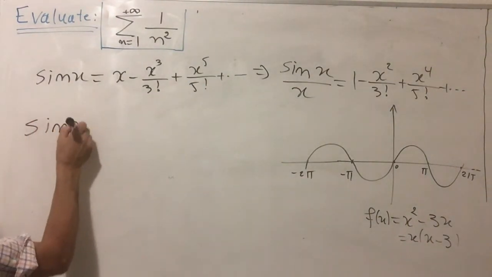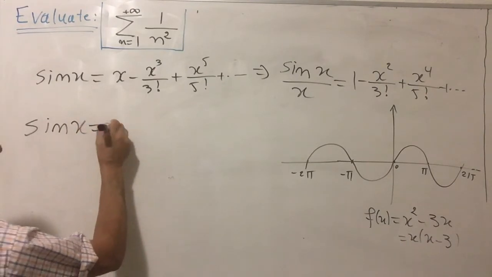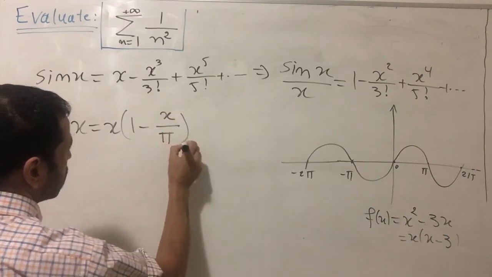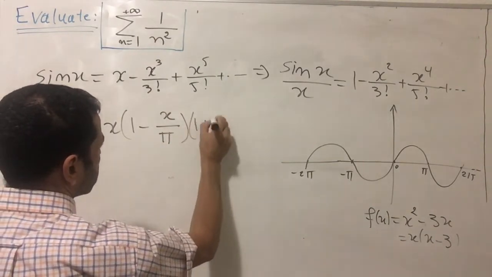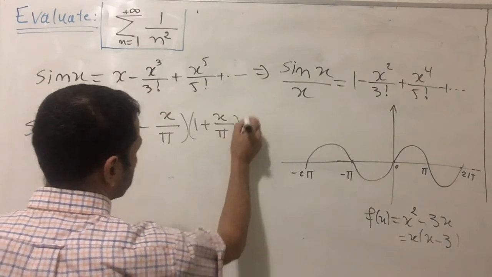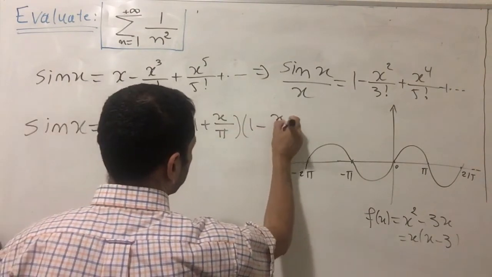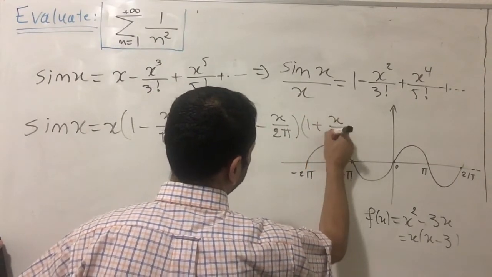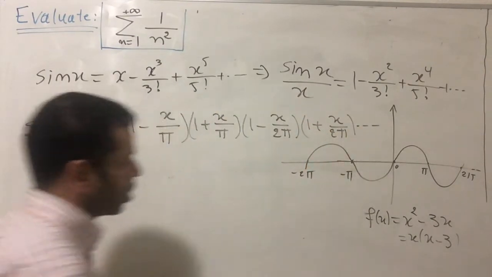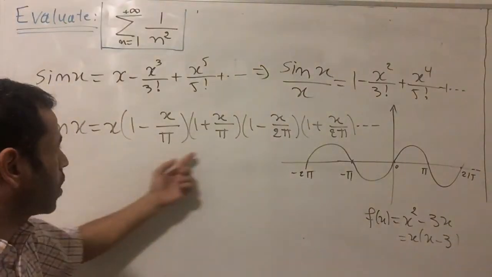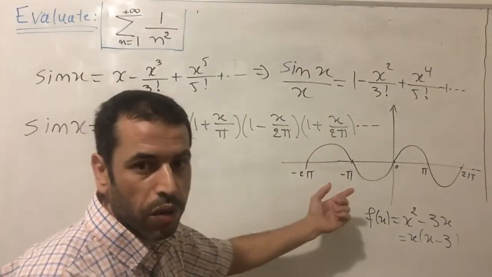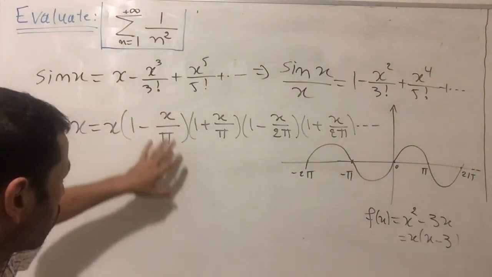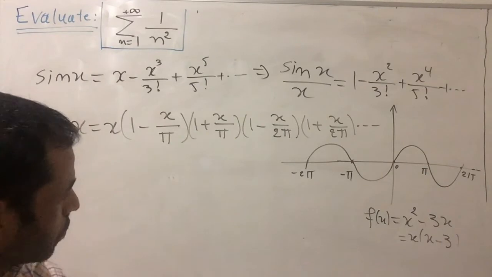We have sine x equal to x multiplied by 1 minus x over pi, multiplied by 1 plus x over pi, multiplied by 1 minus x over 2 pi, multiplied by 1 plus x over 2 pi, and so on, all the way down. 0 and pi and minus pi, 2 pi, minus 2 pi and so on are the roots of the sine x, okay? Why am I doing this in this form?